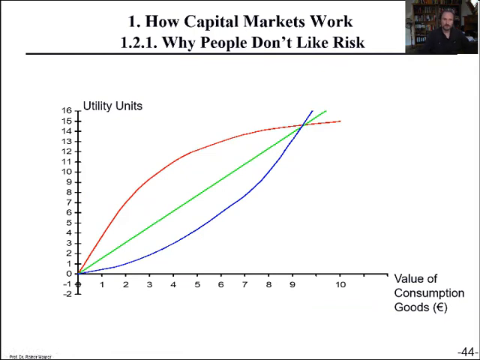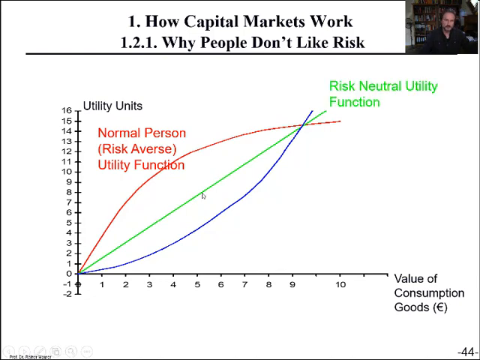Let's summarize our findings with the help of this diagram. A normal person will typically have a utility function with decreasing marginal utility, which is a concave function like this red curve here. A person with a utility function with constant marginal utility, which results in a straight line like this green curve here, would be a person which is risk neutral.